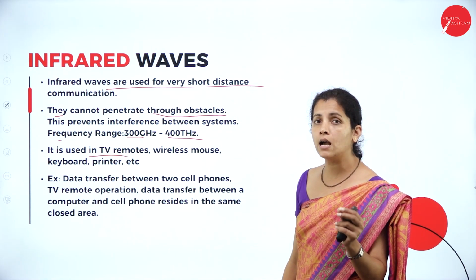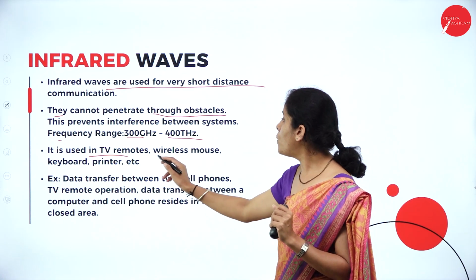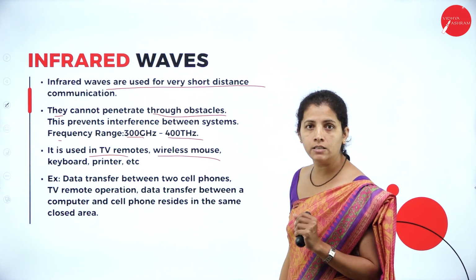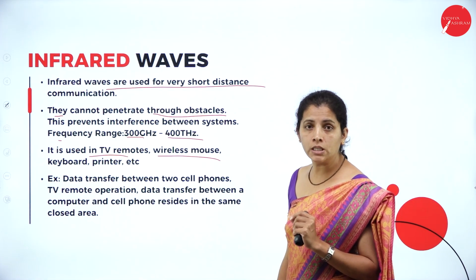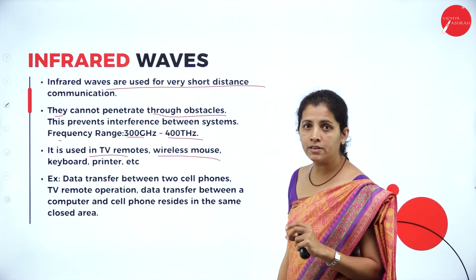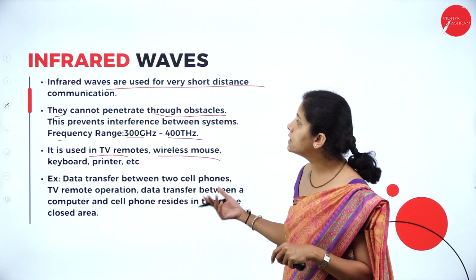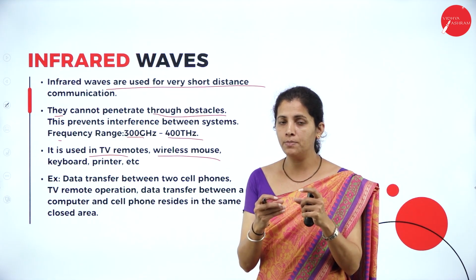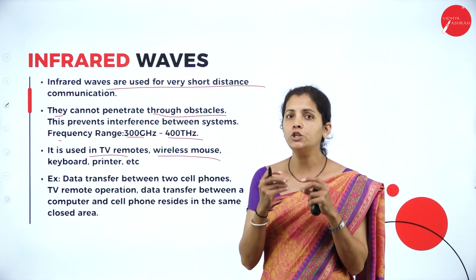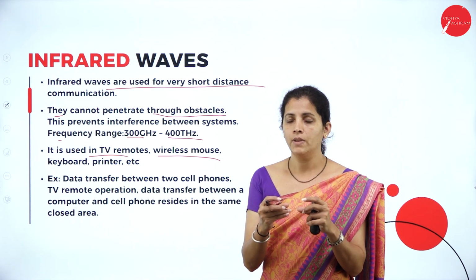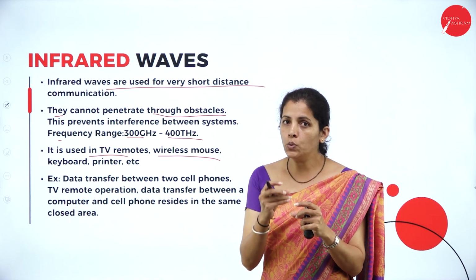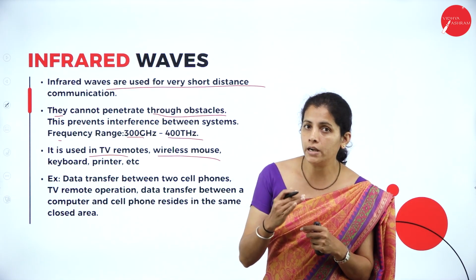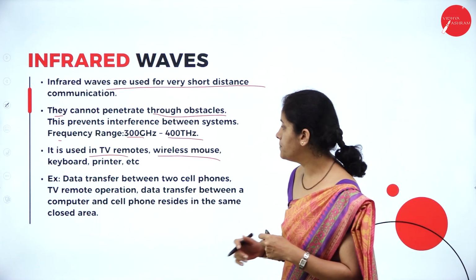The best examples are TV remotes, wireless mouse, keyboard, printer, Bluetooth data transfer; all those things are examples of infrared. So it is responsible for covering only shorter distance, and by using infrared waves we are not able to penetrate the walls.